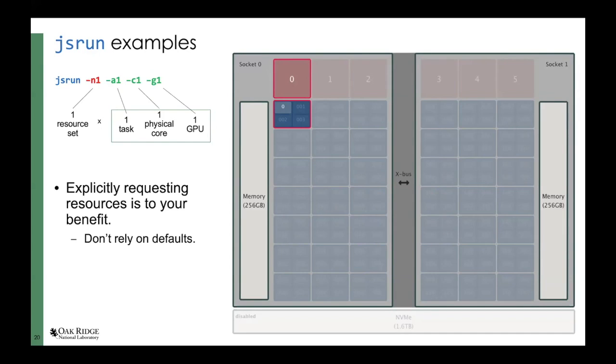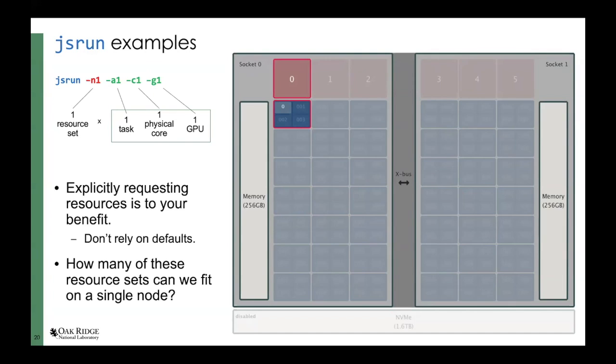So in the previous example, if you needed a GPU and you were expecting it to be there, then you would wait in the queue, and in execution time it would say, I can't run because there's no GPU here, because that resource set wouldn't have a GPU in it, and it wouldn't be able to see or access any of the GPUs. Now this is a very basic example, only using one core, one GPU on the node.